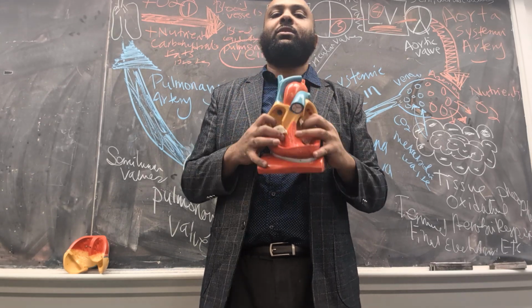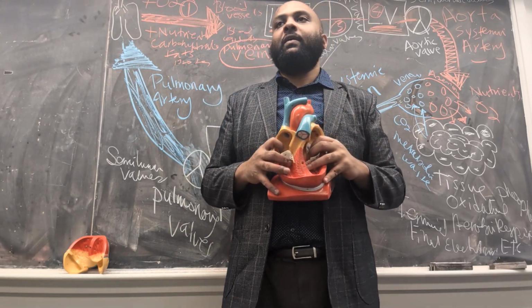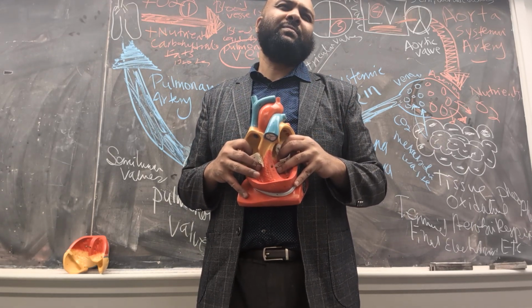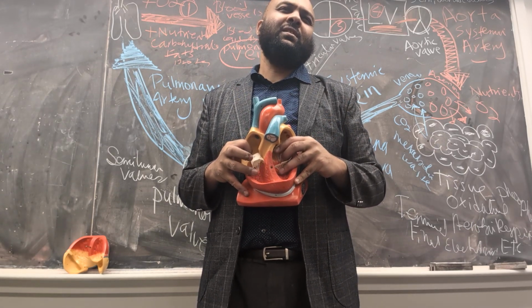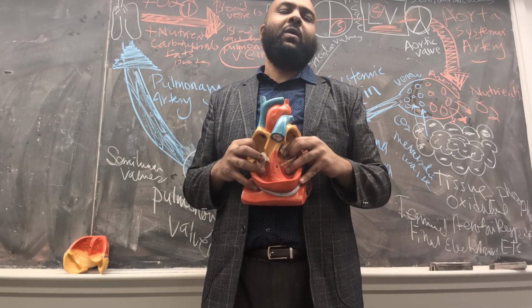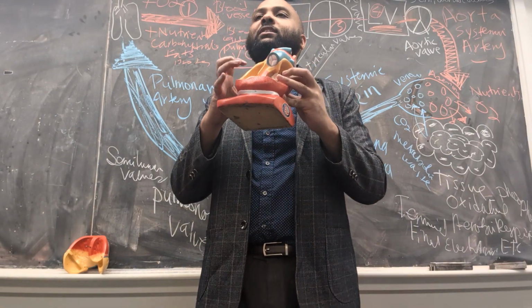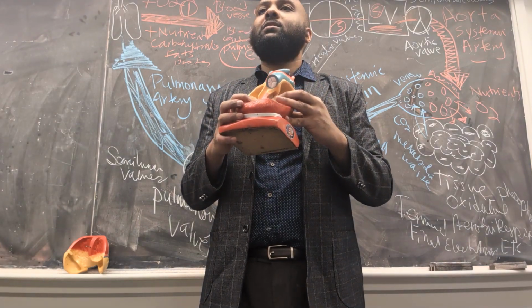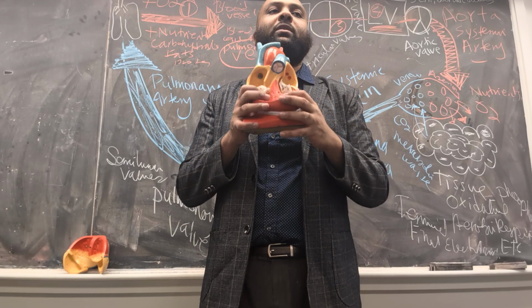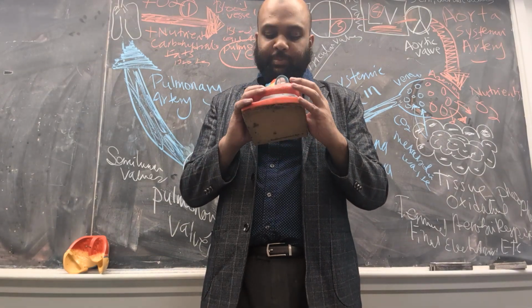On the right, that's your right atrioventricular valve. So the right atrioventricular valve, what is it called? Tricuspid valve. The left atrioventricular valve is called the bicuspid valve.